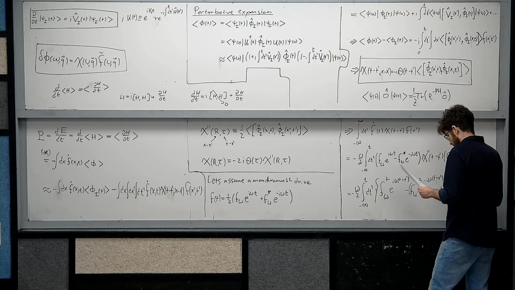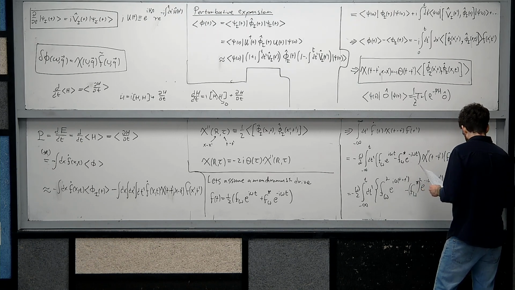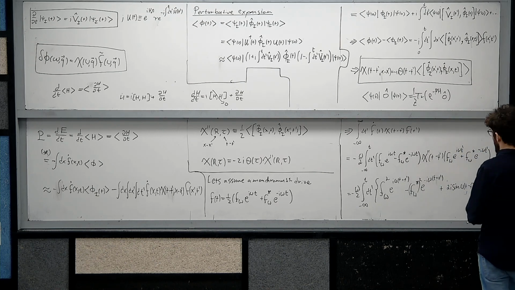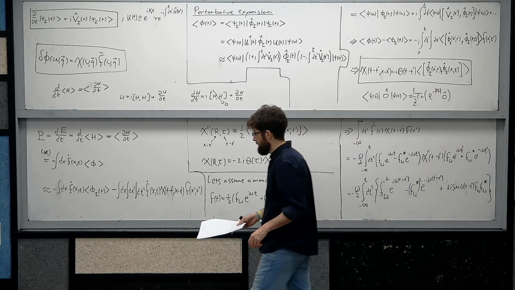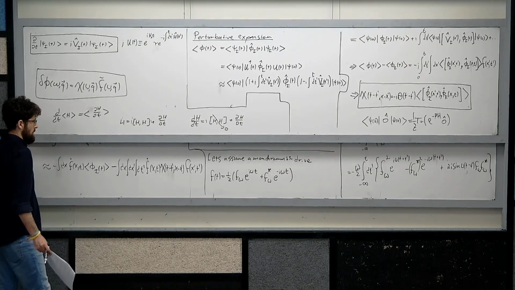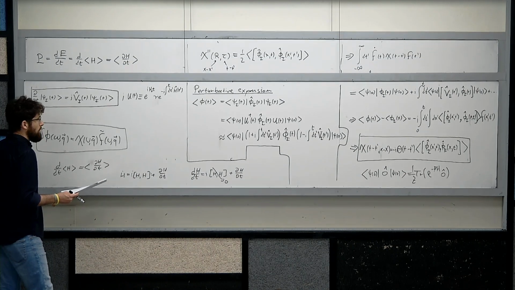Plus 2 times I sine of omega (t minus t prime) f omega f omega star.